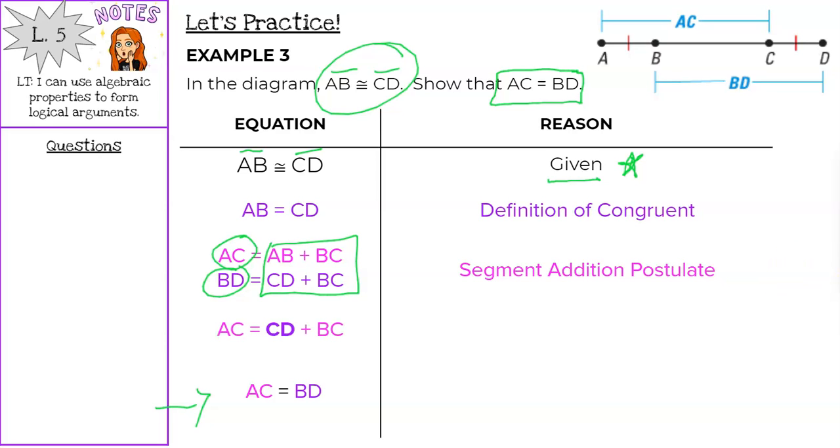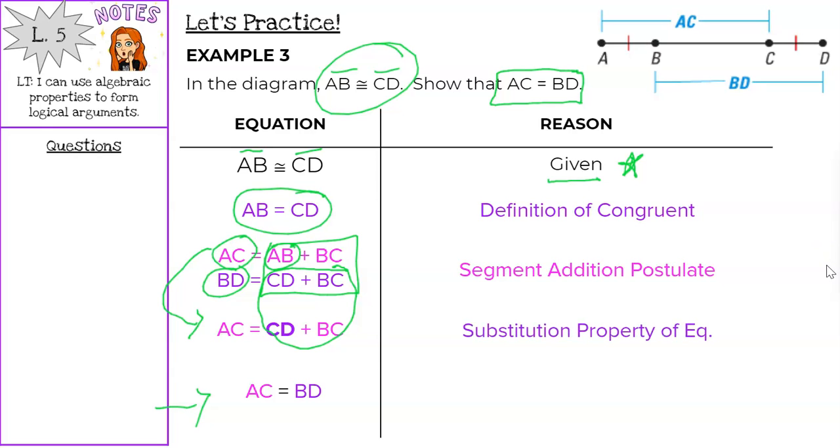So if we take that AC equation and change AB to CD, so now these two pieces are the same. Well, why can we change AB to CD? Well, because AB is equal to CD. And the reason for that is our substitution property of equality.